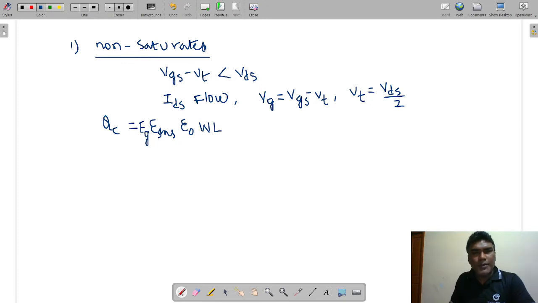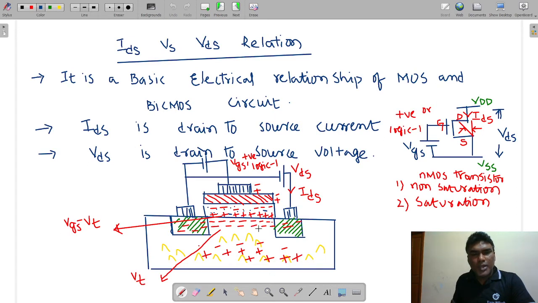QC is the charge induced in the channel because of the electric field from gate to channel, the insulation medium SiO2 layer, the air gap epsilon naught, and the area.